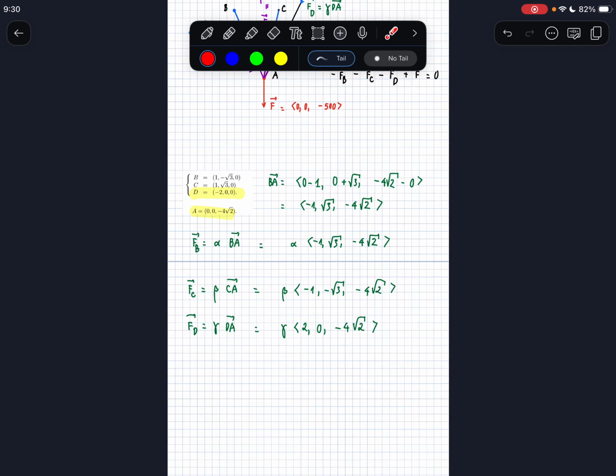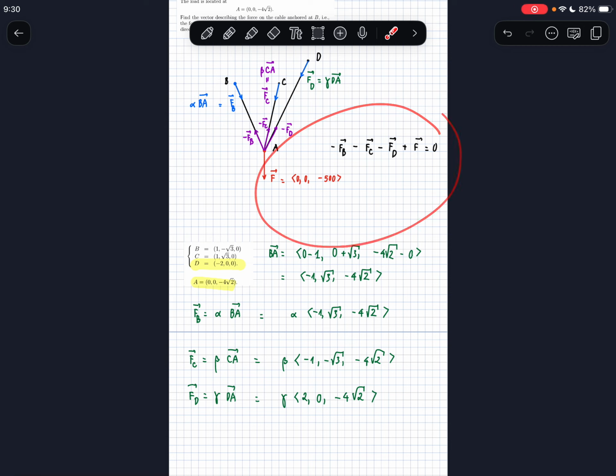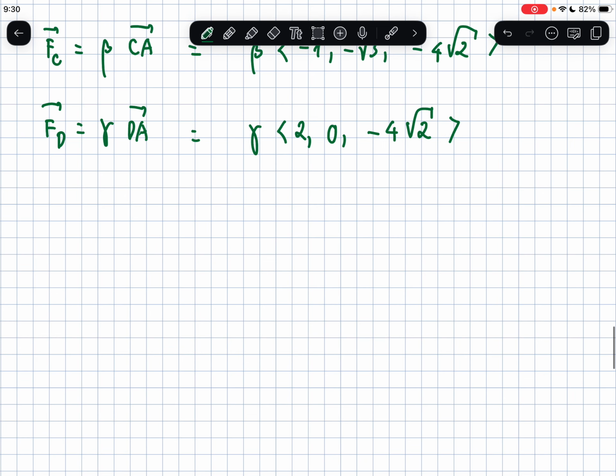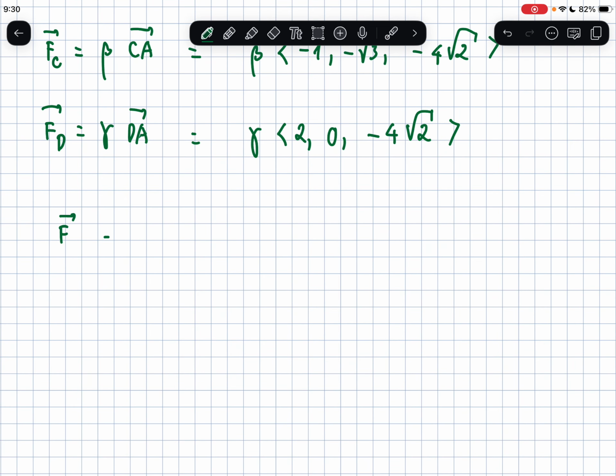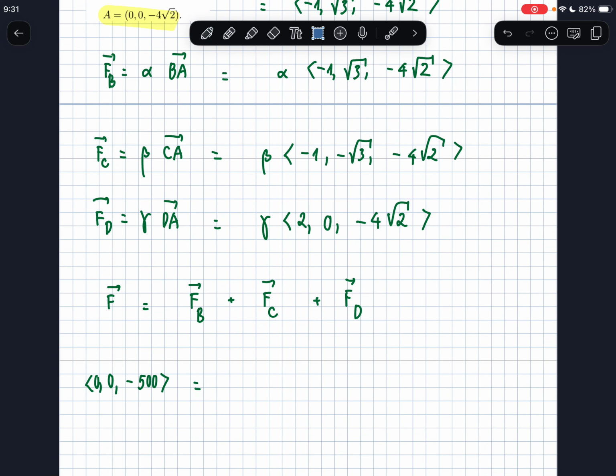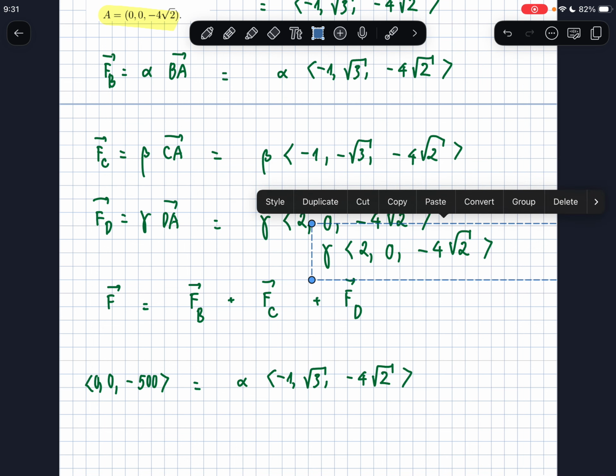So we have FB, FC, FD. We have F. Now plug in this one. We can bring the entire thing here to the right. So we have F equal to FB plus FC plus FD. F is 0, 0, minus 500.